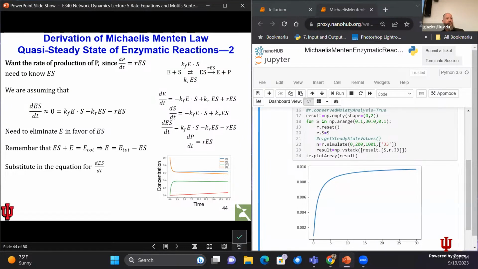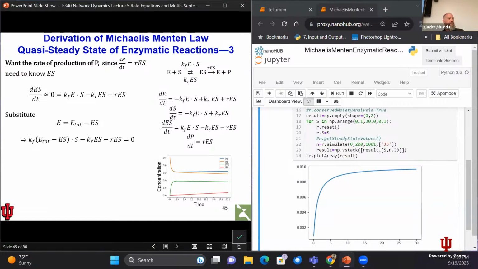But remember that ES plus E is a constant, E total, the total amount of enzyme. And so E at any given time is equal to whatever the total amount of E was minus ES. And so I can now replace E here by E total, which is a parameter, minus ES, and I only have ES's left in my equation.